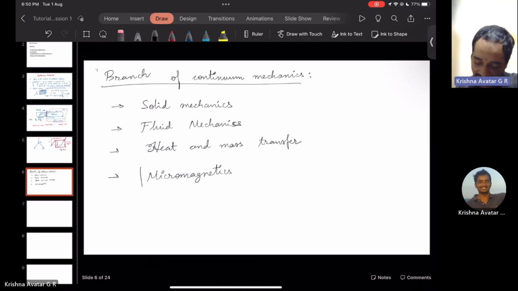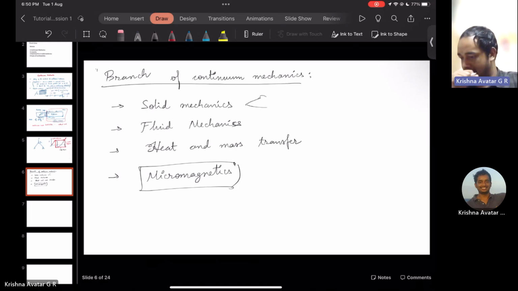This is one new thing that was not discussed in week one of this course. Solid mechanics will have multiple sub-branches, fluid mechanics will have some branches, and heat and mass transfer may or may not have sub-branches. So essentially, these are the branches of continuum mechanics.